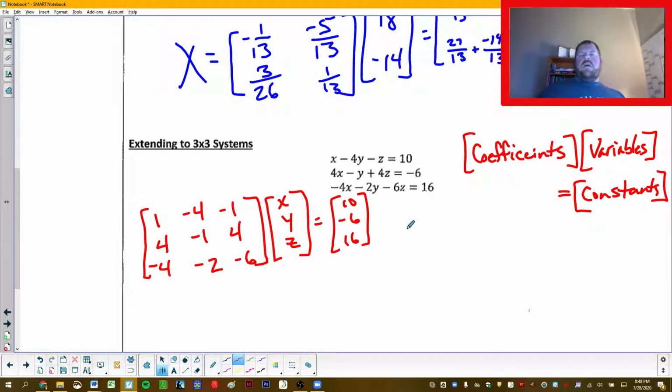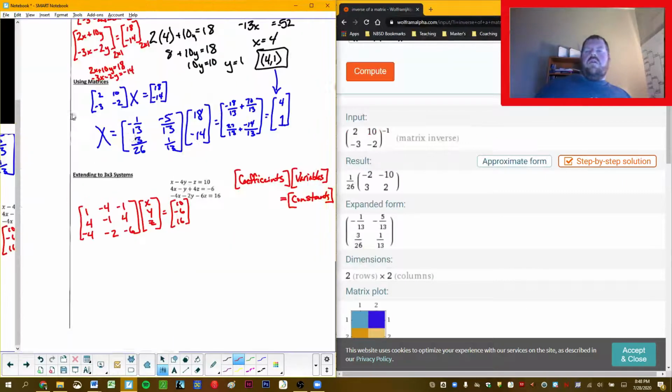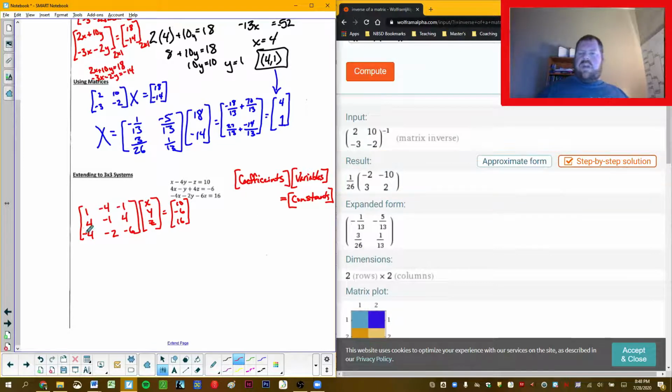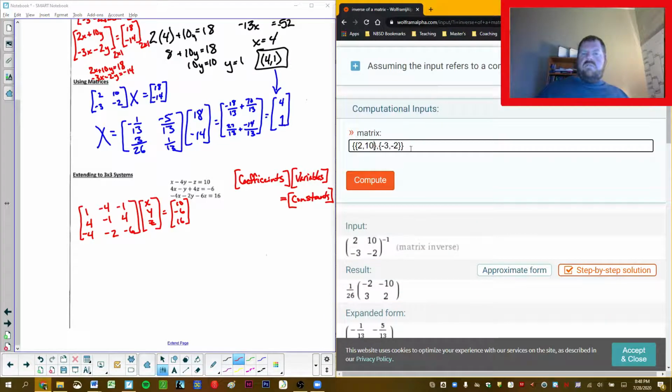Now again, we're going to do the same process. I need to know my inverse of this matrix. So I'm going to use Wolfram Alpha because, again, it's going to make life a lot easier. 1, negative 4, negative 1, 4, negative 1, 4, comma, negative 4, negative 2, negative 6.